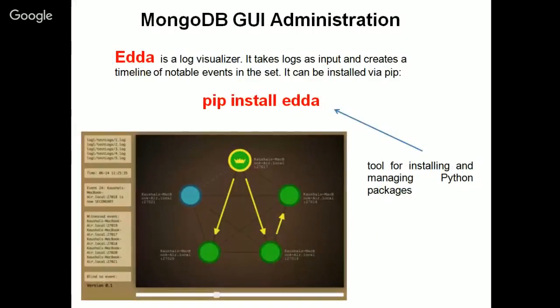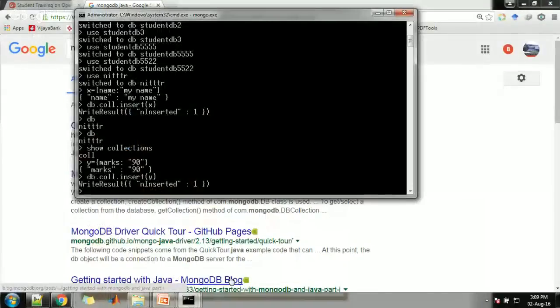Okay, as you have seen, currently we are working on the shell. This is your MongoDB shell or command prompt. But in the current scenario, we feel more comfortable with GUI based applications, GUI based software for database handling. In case of MySQL, we go for PHP.